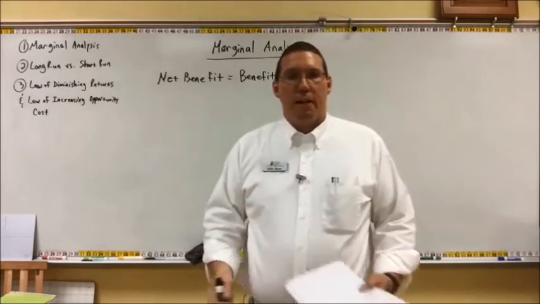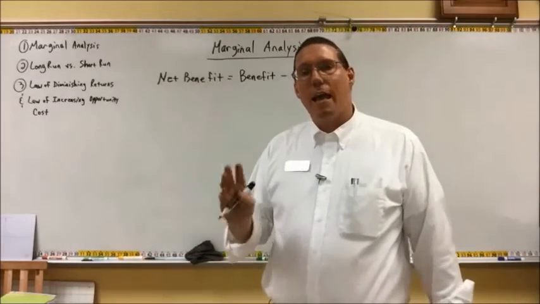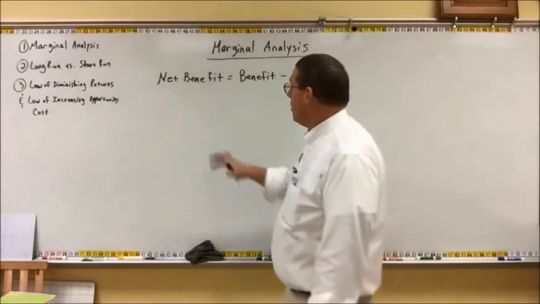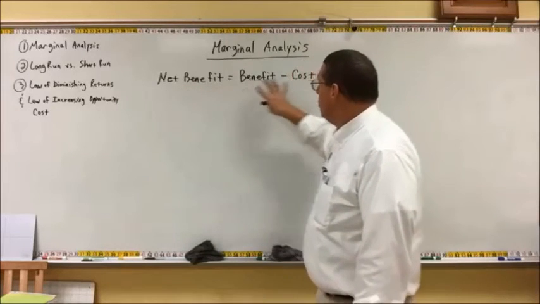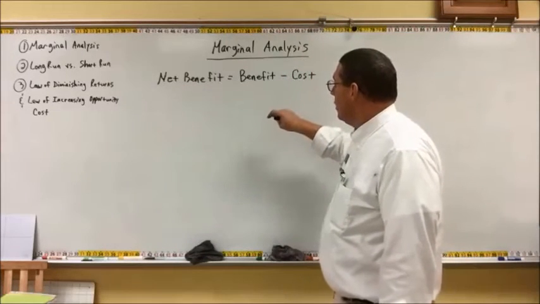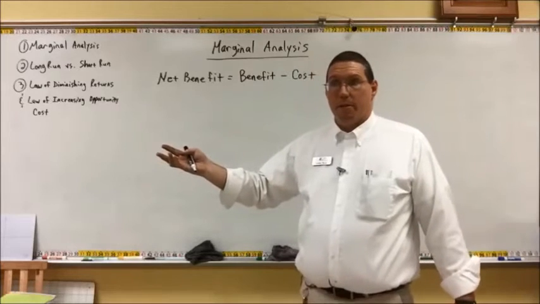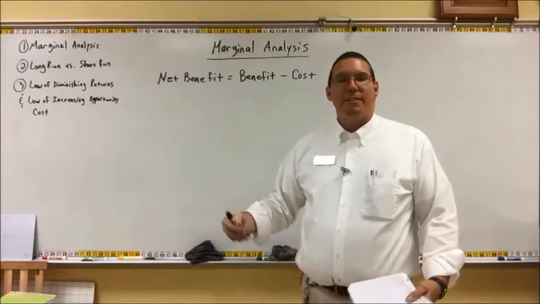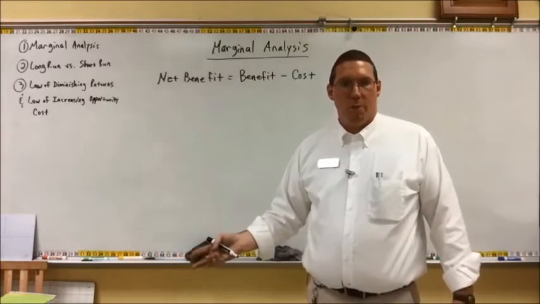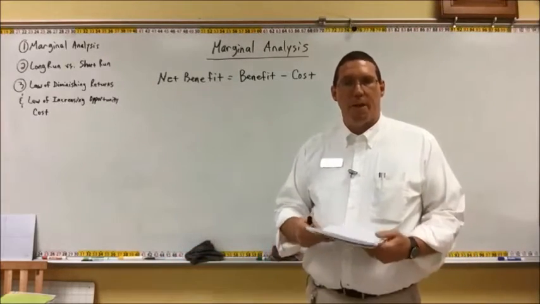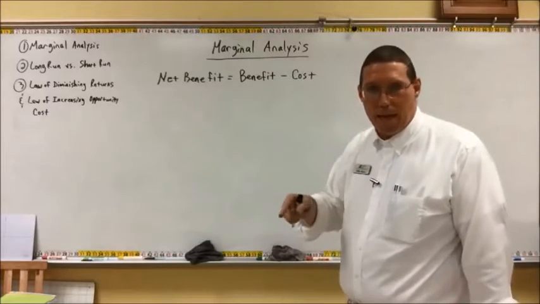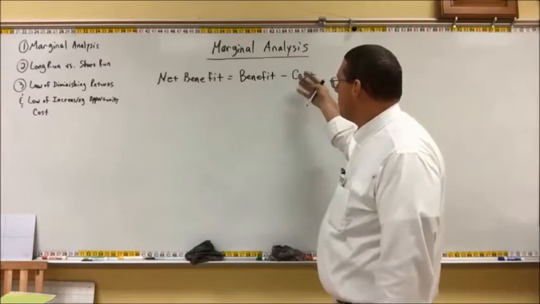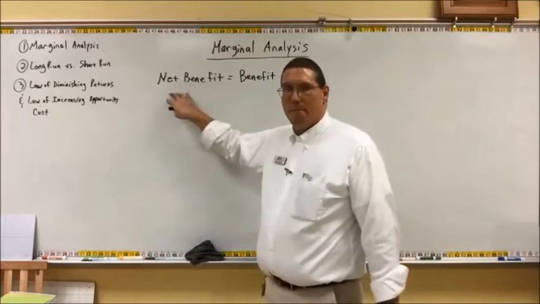And the purpose of economics is to try and analyze and understand the benefits that we get from doing things. In fact, especially in microeconomics, we're trying to make decisions. Every decision that we make is an economic decision, because every decision has a benefit, has a cost, and therefore has a net benefit.